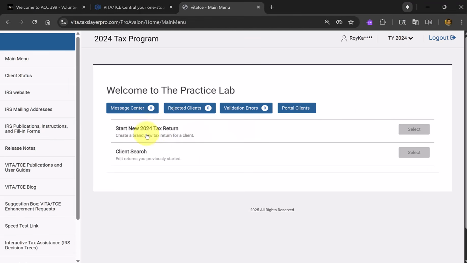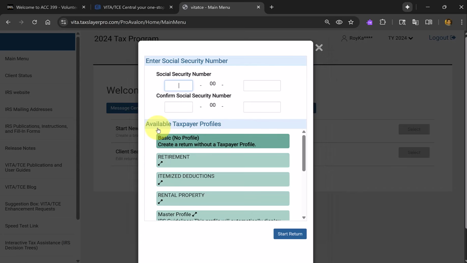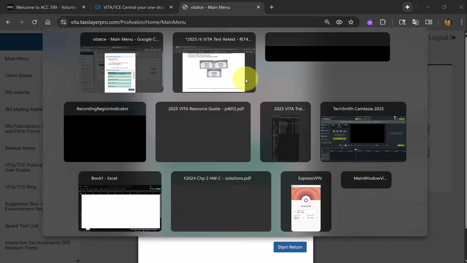We're going to start the return, clicking on this link. And the first thing it asks is the taxpayer's Social Security number. So I would use the same number of the first person listed on the previous year's tax return. I'm assuming that's Martin.